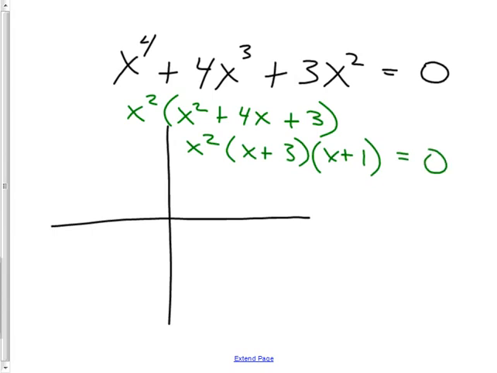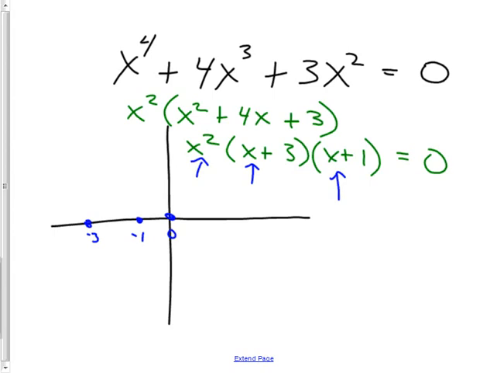So now do you see where it touches? It touches at 0, -3, and -1. 0, -1, and -3. How many of you would have known that? Very good.